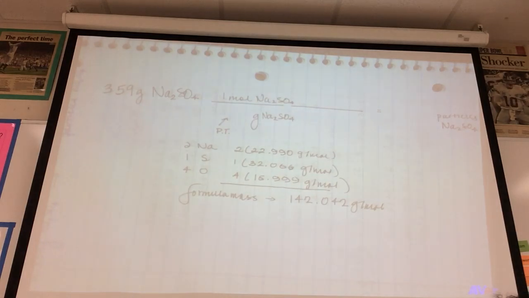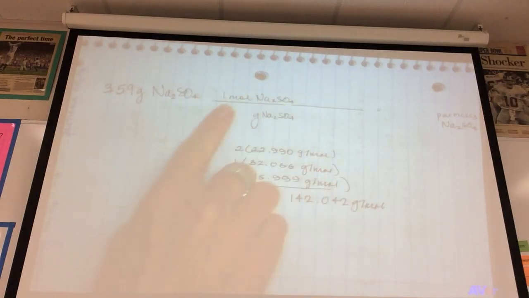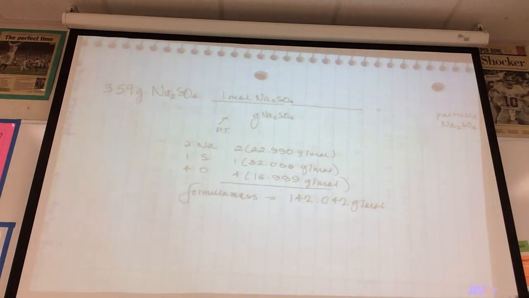And I do want to point something out to you because sometimes the kids are very confused with the units. The formula mass is in grams per mole. The 1 mole is here, so in this part of the fraction I only have grams. Watch your units, make sure they cancel properly.